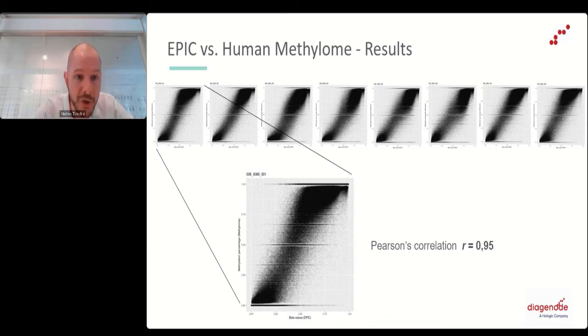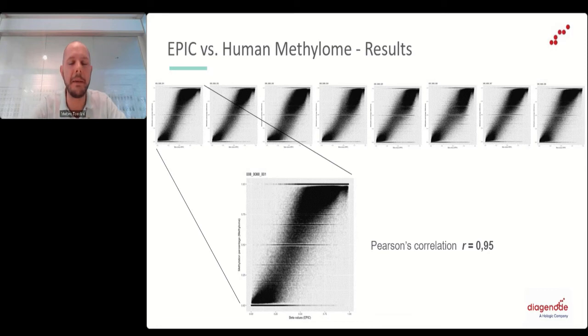Here I'm showing you all the 8 samples. As you can see, we have a very nice diagonal, and the Pearson correlation shows a correlation of more than 95%, which strongly suggests that the two technologies are extremely valuable and interchangeable, even though the EPIC array is bisulfite based and array based, while the human methylome is enzymatic based and NGS based.